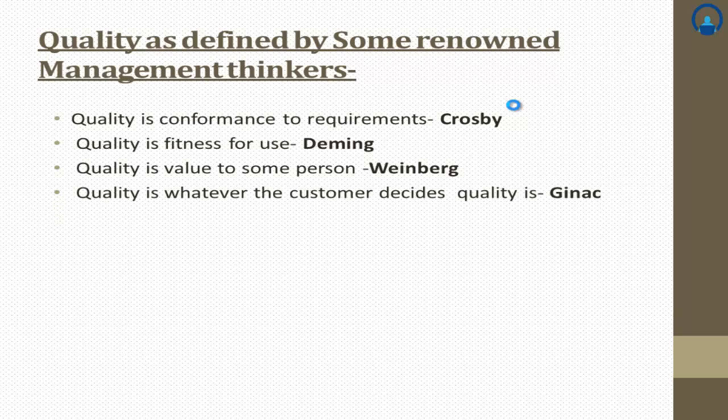Next point is by Janak. What he says is quality is whatever the customer decides quality is. Now we all live in a world where we know that the customer is the king. If the customer says I want anything of this quality, and the organization is unable to provide it, trust me, no organization can survive for a longer time.